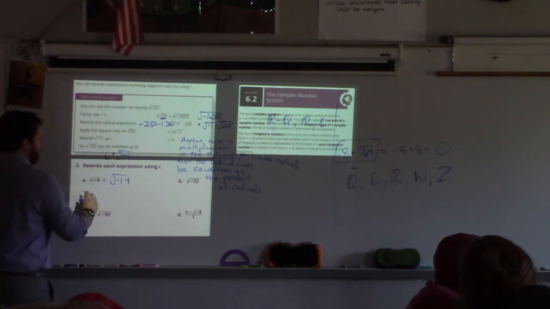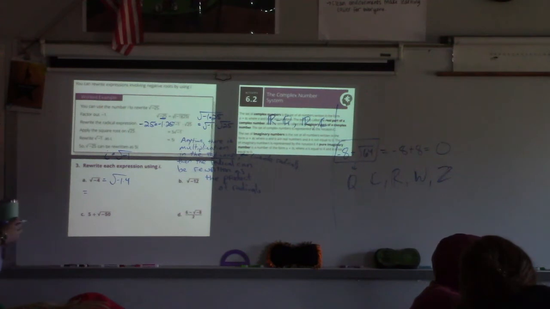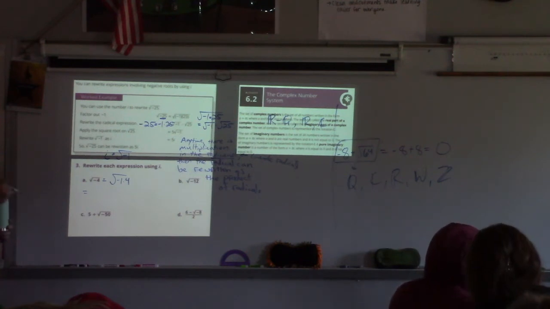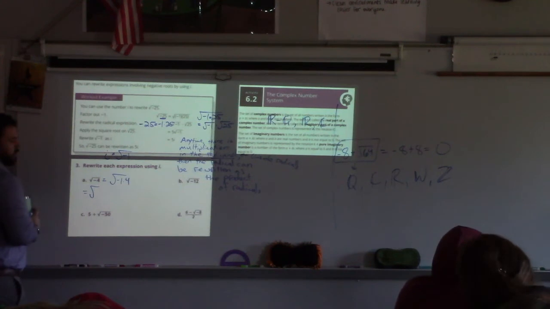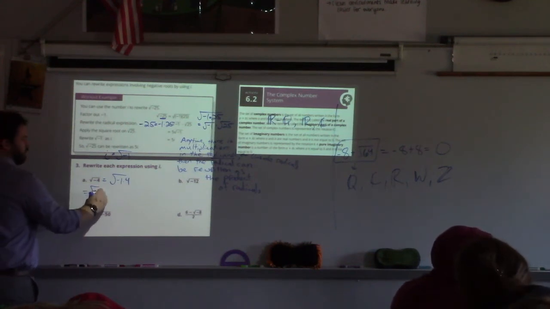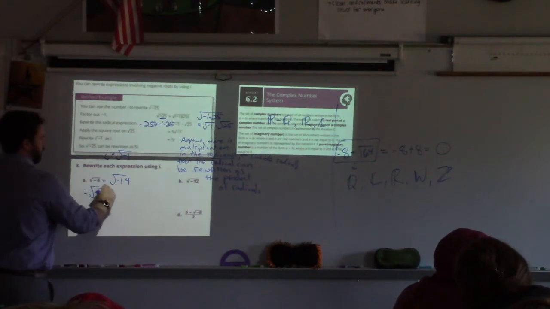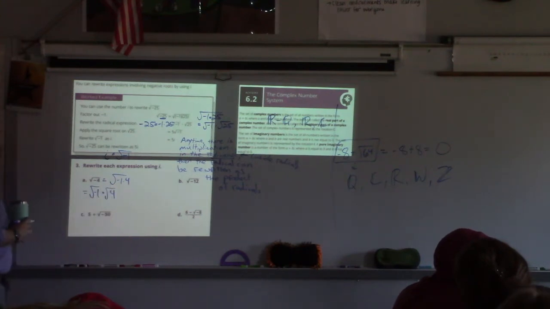Then, because I'm multiplying, I'm going to rewrite this as how many radicals? 2. It's already 1. I'm going to do the square root of -1 times... And from there, I'm just going to simplify.